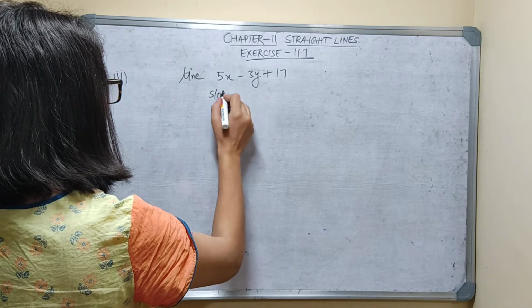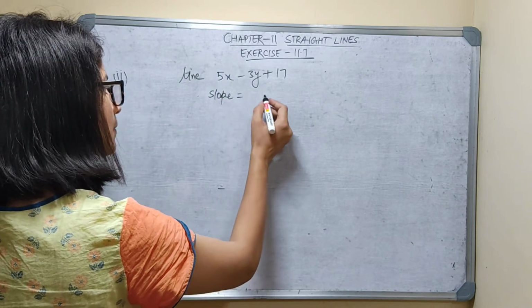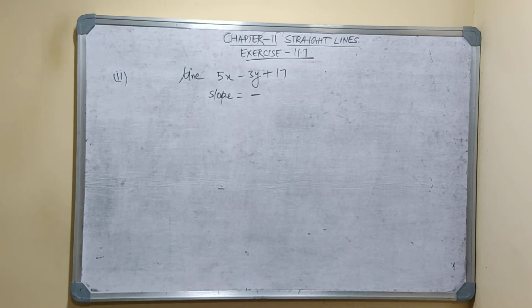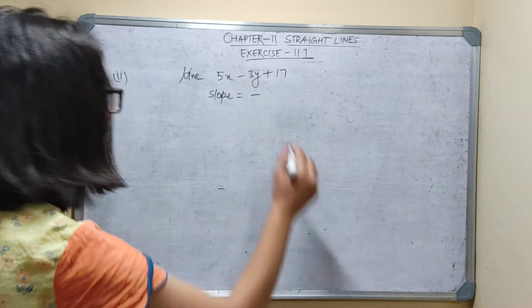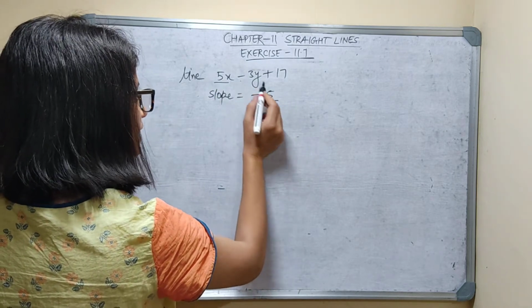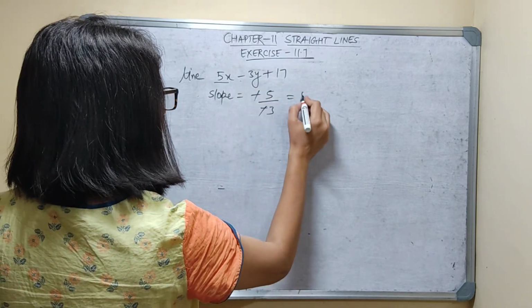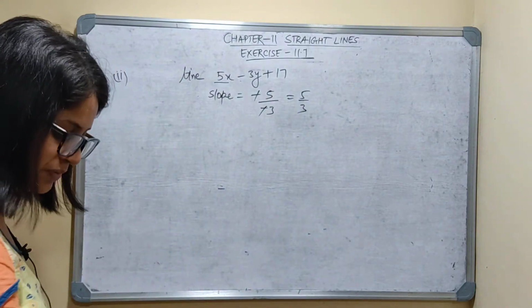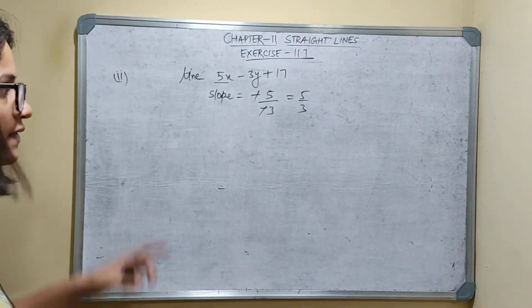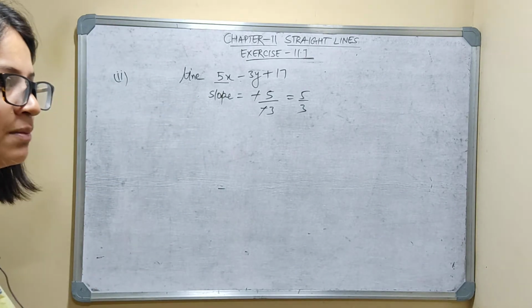What will be the slope of this line? Slope is equal to minus coefficient of x upon coefficient of y. Directly I can write minus coefficient of x, which is plus 5, upon coefficient of y, which is minus 3. Minus cancels, so the slope is 5 by 3. Is it clear? And the required line, whose equation we have to find, and this line are perpendicular.